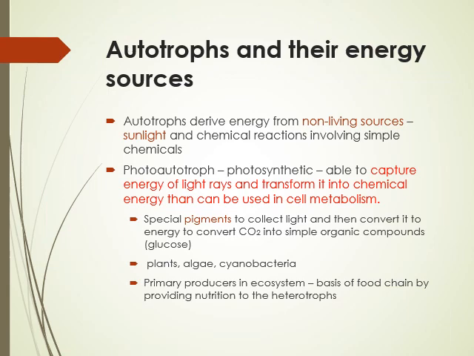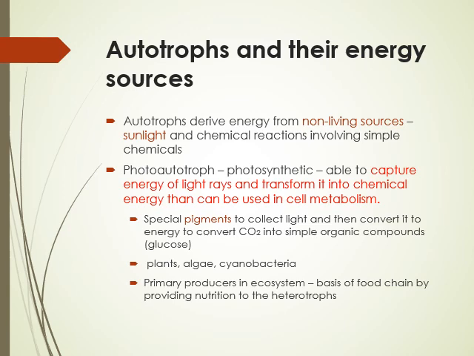Okay, here is more information about autotrophs and their energy source. Autotroph uses sunlight, all right? And then they convert the sunlight into organic matter, right? Photosynthetic bacteria or organisms are able to capture the energy of light rays and transform it into chemical energy that can be used in the cell metabolism.